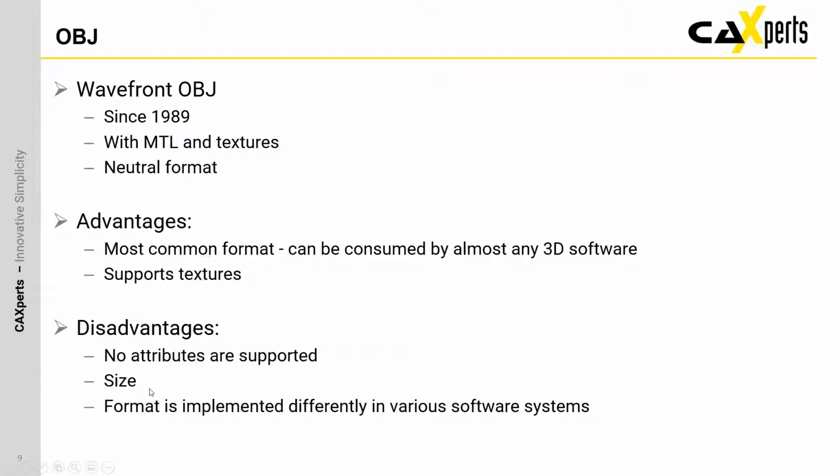This is because OBJ is an ASCII file format, so the files get pretty big pretty fast. And the last disadvantage here is that the format is implemented differently in various software systems. If you have dealt with OBJ before, you might have noticed that in some applications, the y-axis is the up axis, while in other applications, the z-axis is the up axis, and stuff like that. But we have a solution for that that I will show you later on.